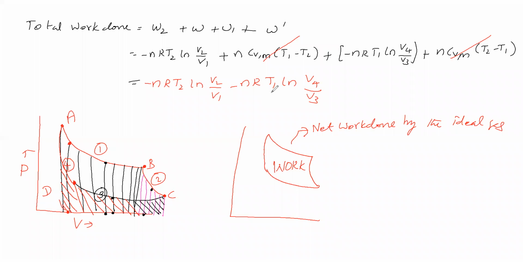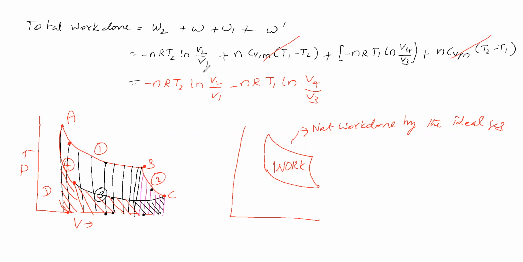We will make it as only 2 variables, V1, V2. T1, T2 we cannot do anything, T1, T2 will be as it is. So this alone we will change, V4, V3 by V2, V1. How to do that? That we will see.